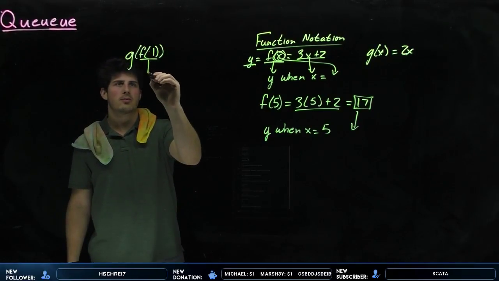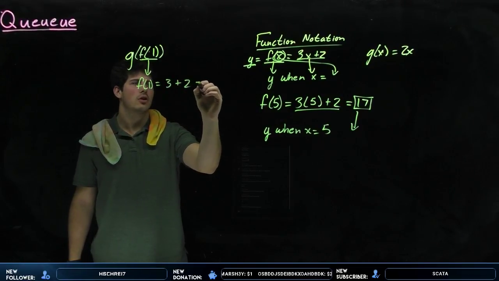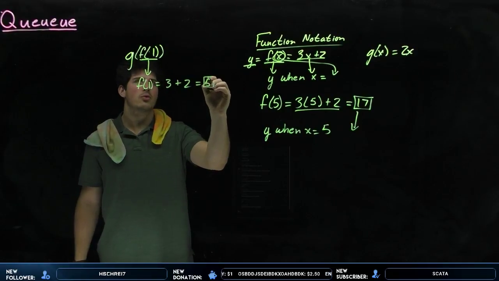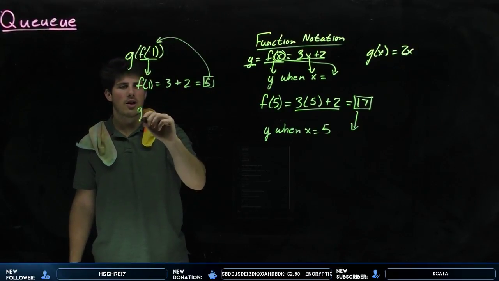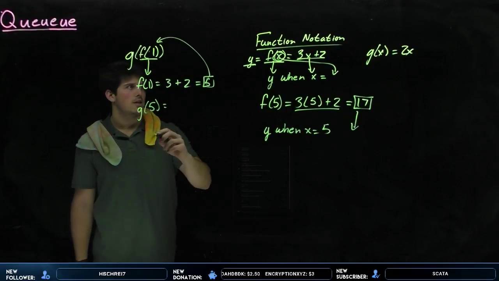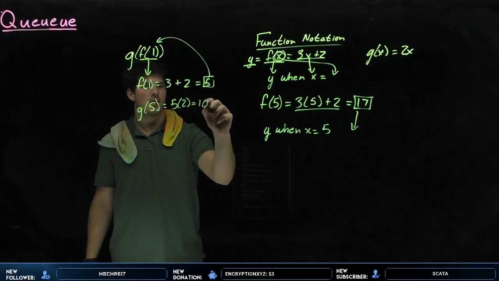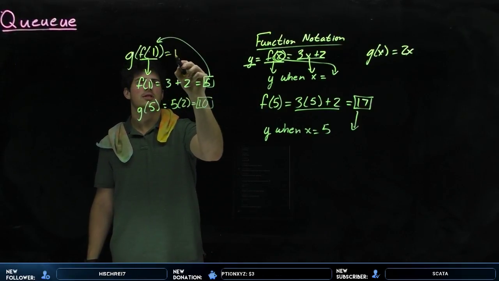I want to just think about f of 1. That's going to be 3 plus 2, or 5, and then I'm going to replace that. So now I have g of 5. I say that g is 2x, so that is 5 times 2, or 10, and that is my answer. So this equals 10.